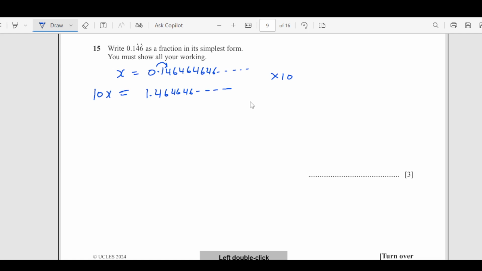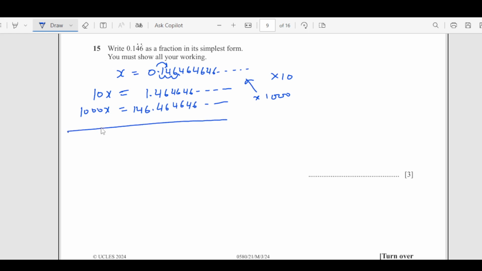Now we are going to multiply the same equation by 1000. Then this will become 1000x equals, shifting 1, 2, 3 decimal places, so this will be 146.4646.